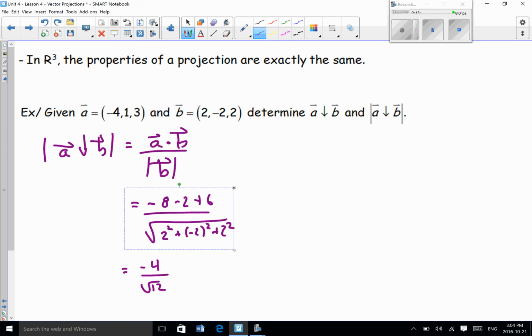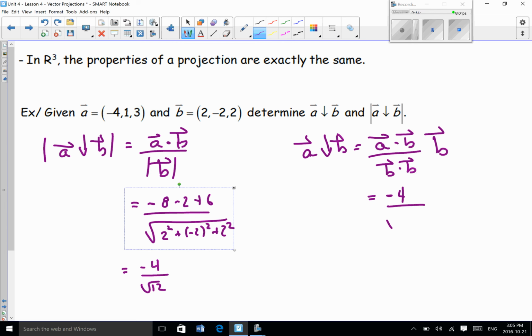And there's our scalar. If I want to do the vector version of that, A onto B, and just go back to the formula for a second, we can notice the shortcut here. A dot B over B dot B, direction of B. Well, we've already figured out some of these parts and pieces, right? We've already figured out that A dot B was negative 4. B dot B is just the magnitude of B squared.